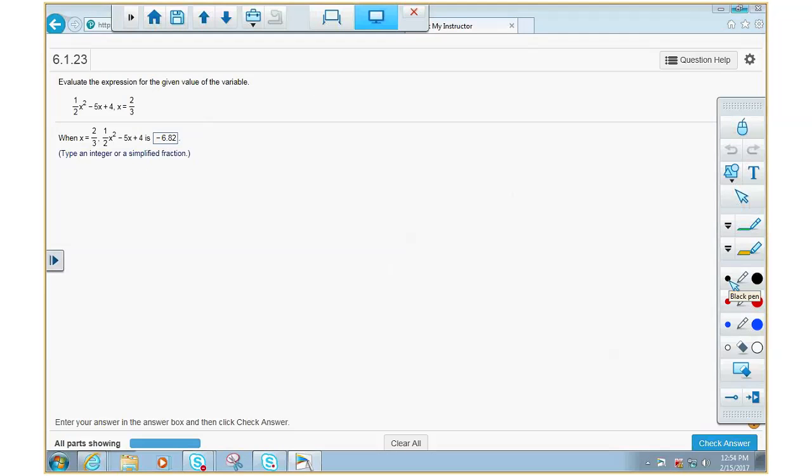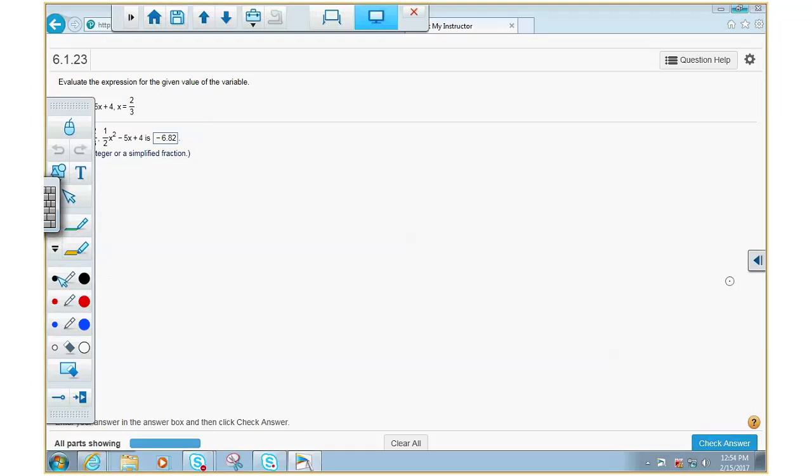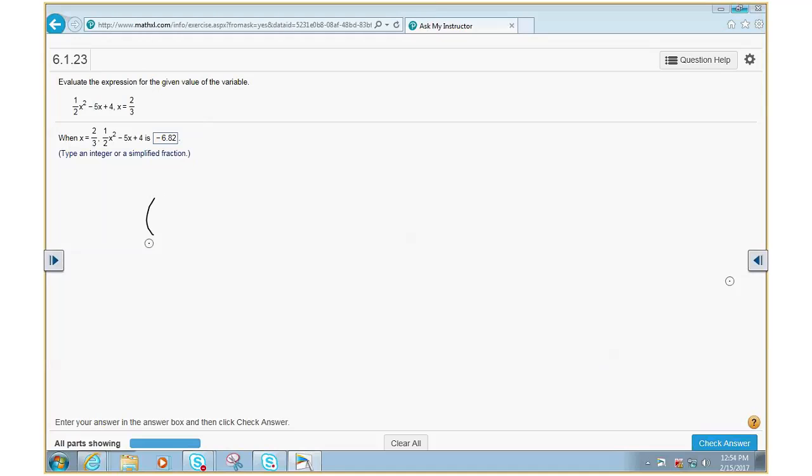I think that's the same question I had. It's exactly that. So 1/2, remember, whenever you evaluate or determine, wherever there's an X, you put a big set of parentheses in it. And X is equal to what? 2.